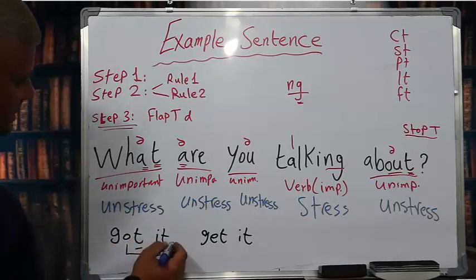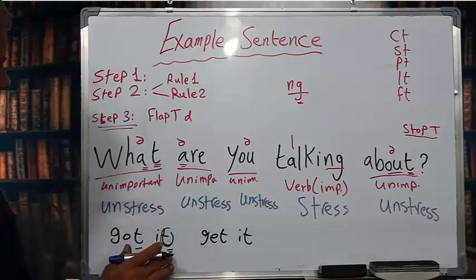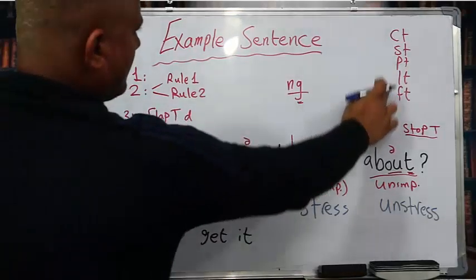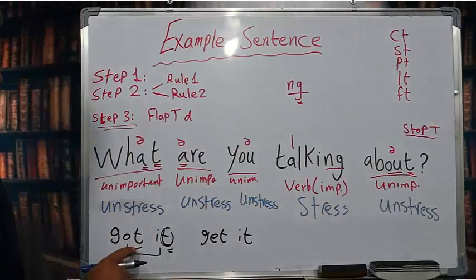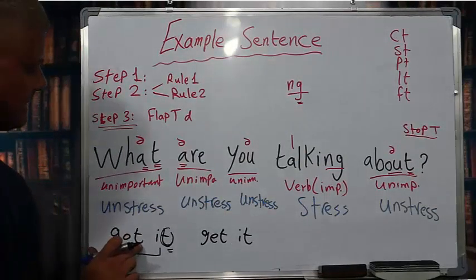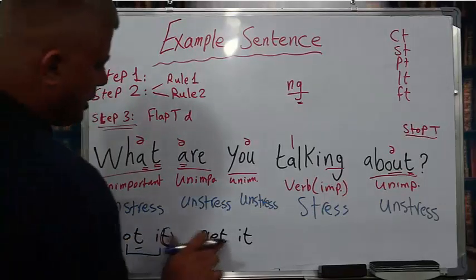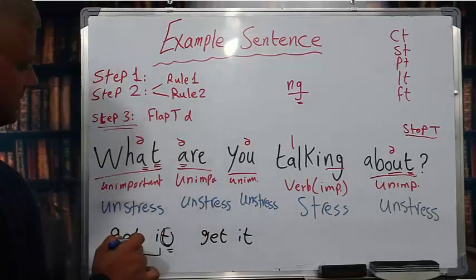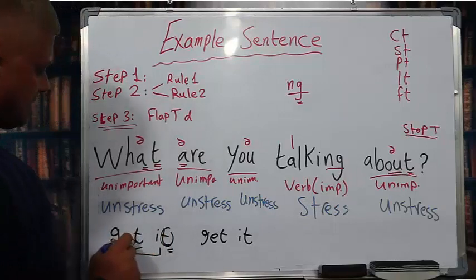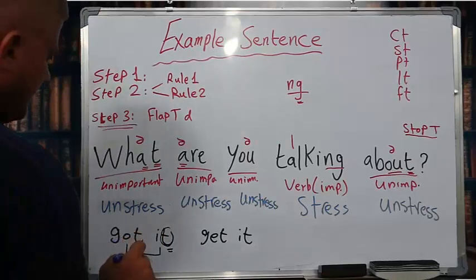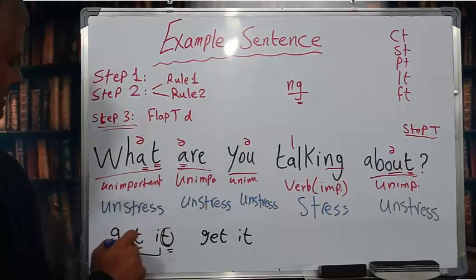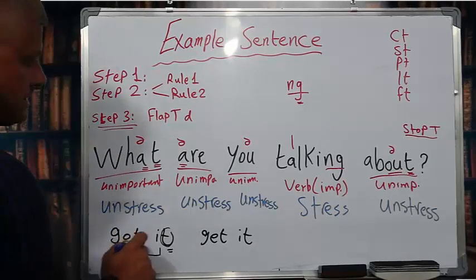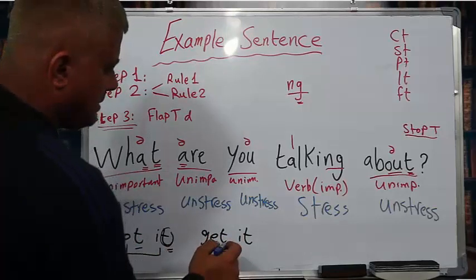Stop T because, no, it's at the end of the sentence and not one of these clusters. So it's pronounced like get it, got it. Stop T, flap T. Sometimes R, as I've told you, and if you want to speak fast, get it.